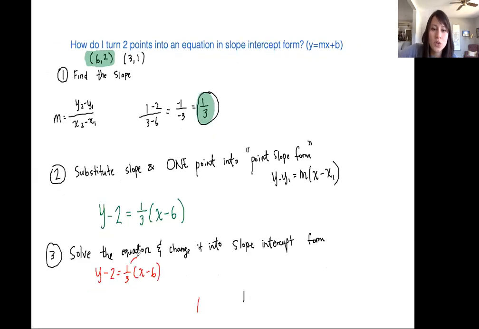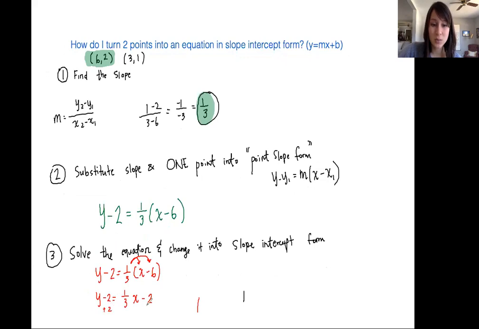I'm going to solve by distributing into my parentheses and make this y minus 2 equals 1/3 times x minus, what's 1/3 times 6? Minus 2. 1/3 of 6 is 2. And then I'm going to combine my like terms. So I've got -2 here, -2 here.